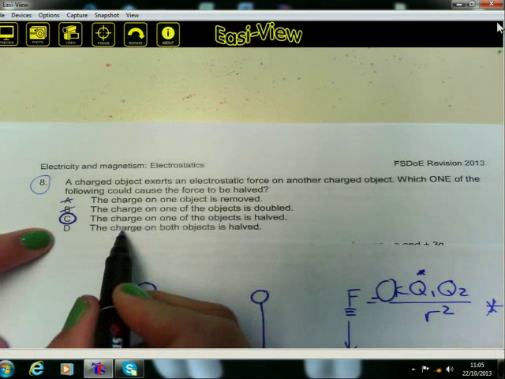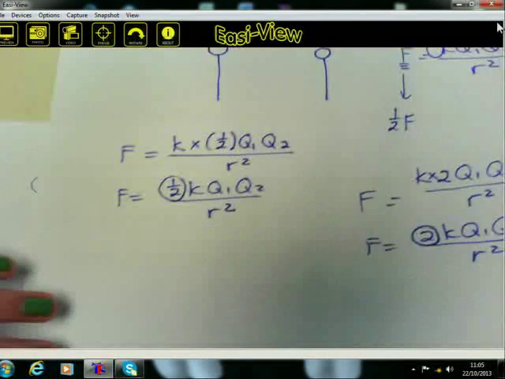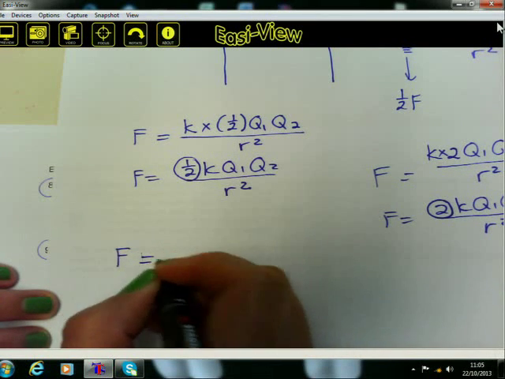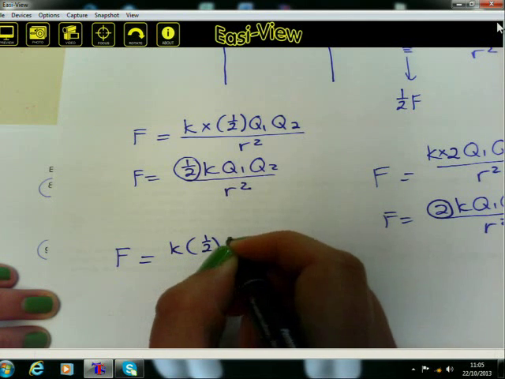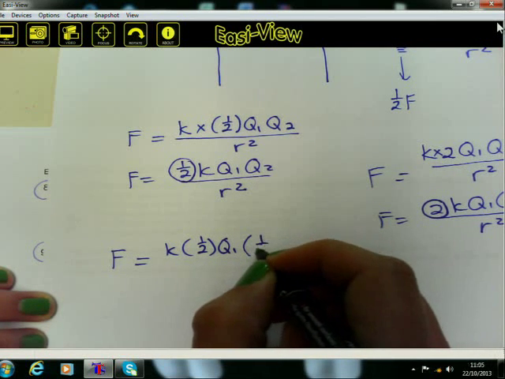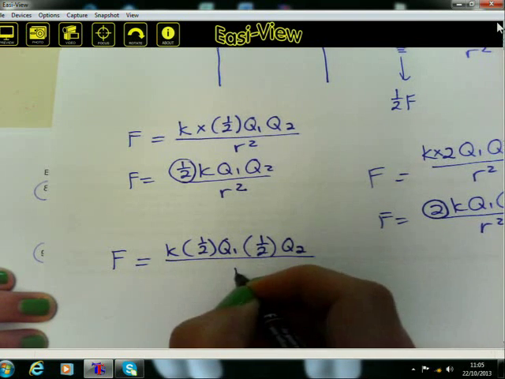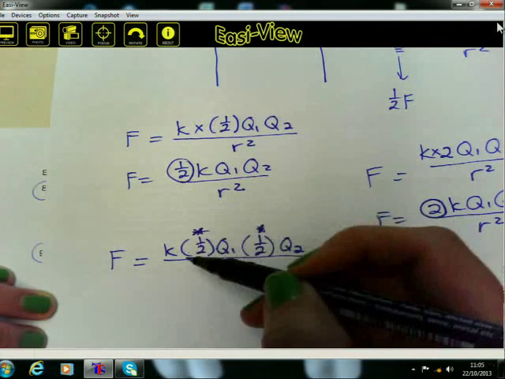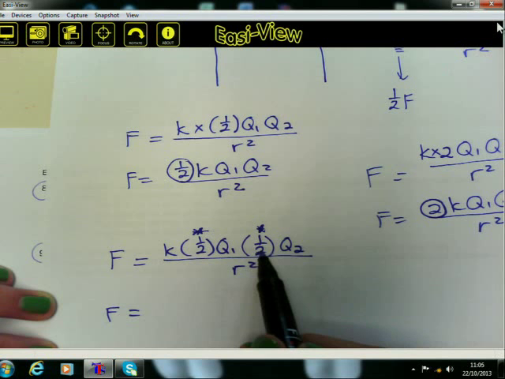What happens if the charge on both objects is halved? Let's see what happens then. If we have both charges halved, F equals K times 1/2 Q1. But now we have to halve Q2 as well: 1/2 Q2 over R squared. Now let's take both these halves to the front of the expression. F equals, what is 1/2 times 1/2?